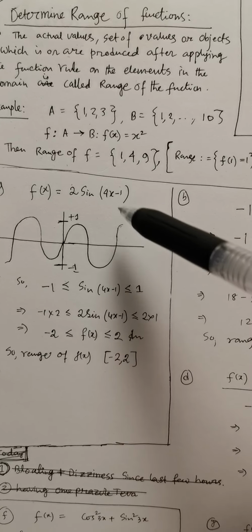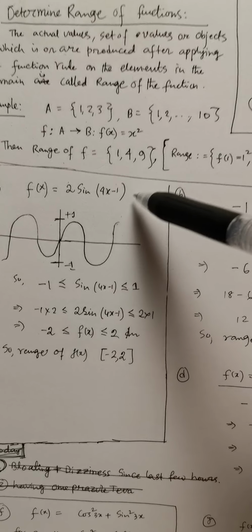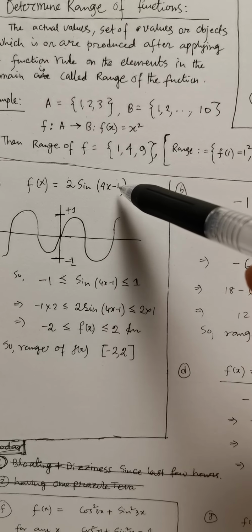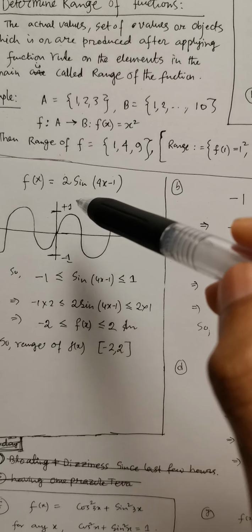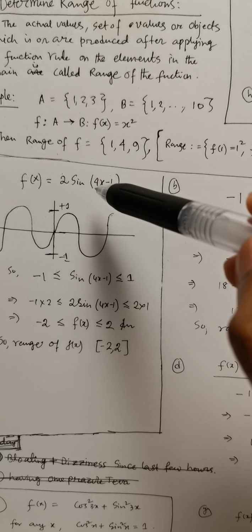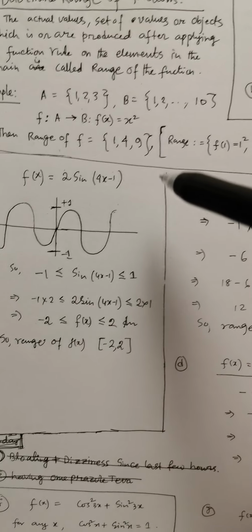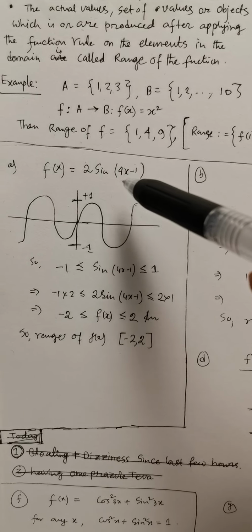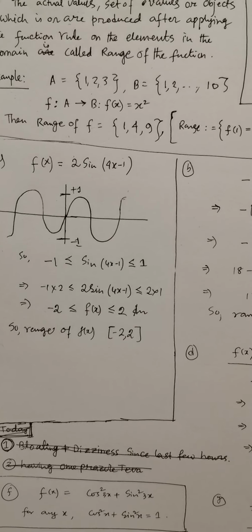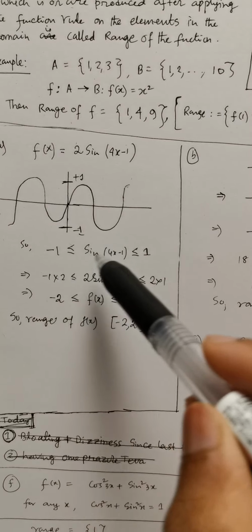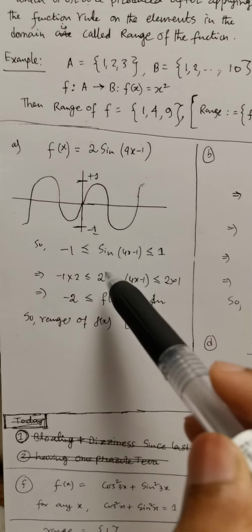It doesn't matter what is inside the sine. Here it is sine of 4x minus 1, but it may be sine of 1000x, 2000x or whatever. Sine of something is always between -1 and +1. You must remember this.